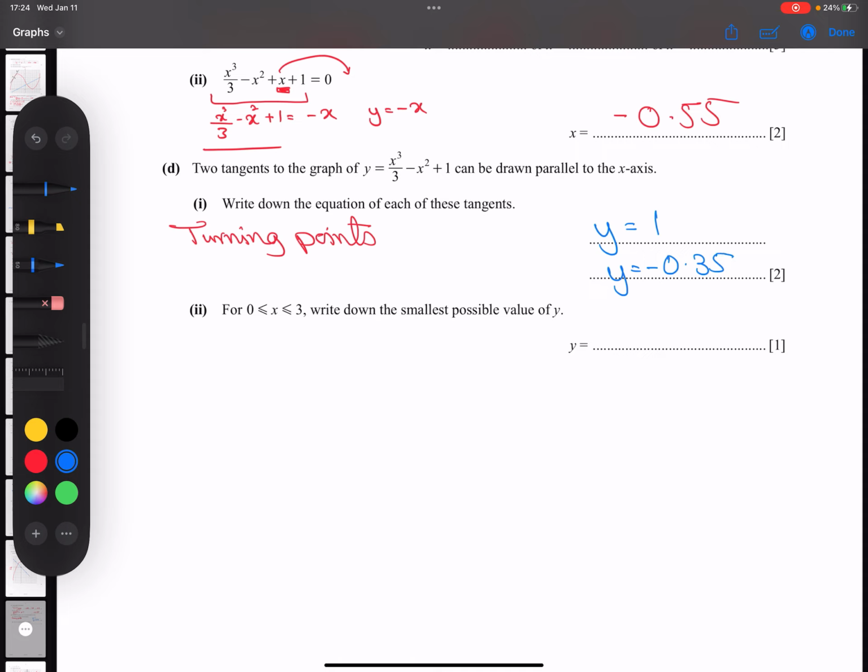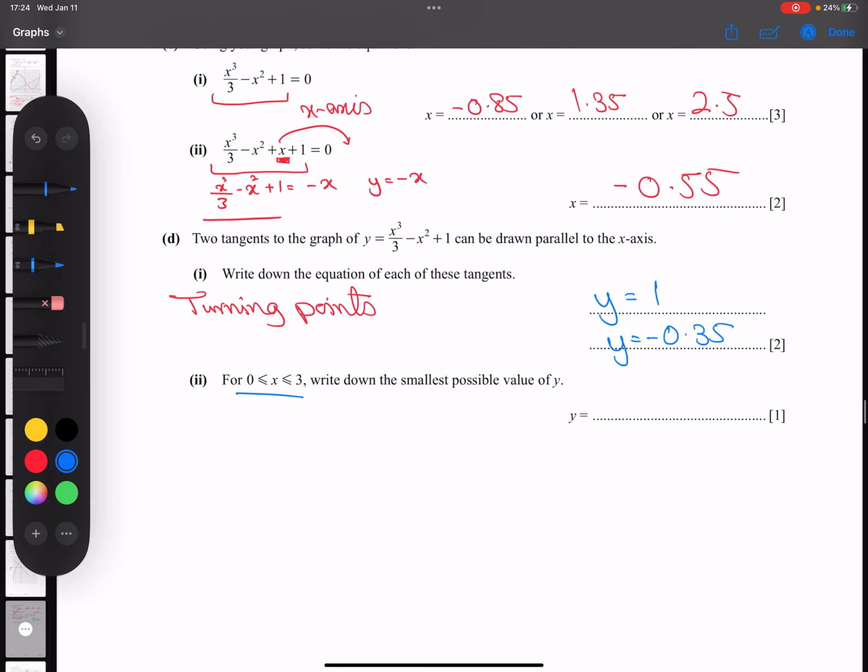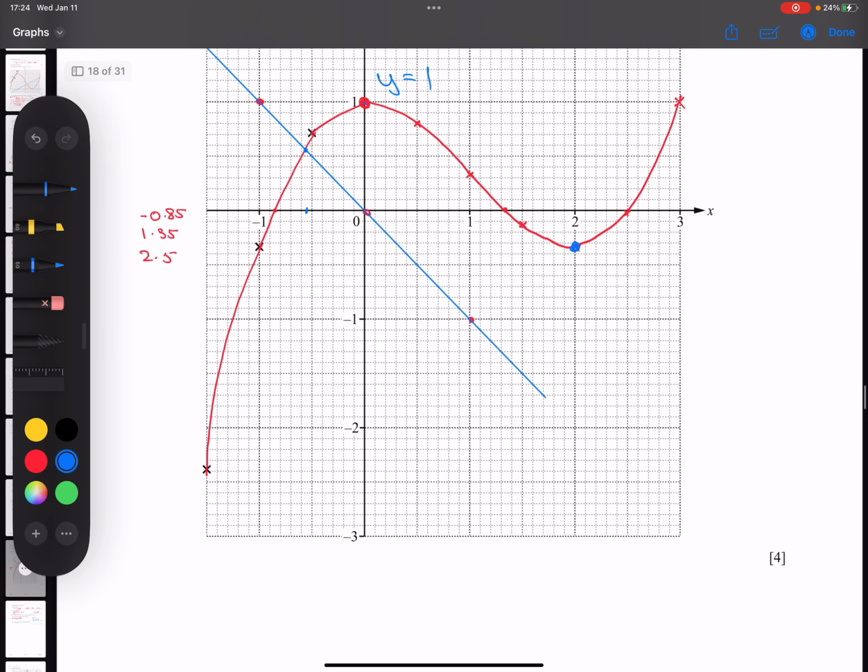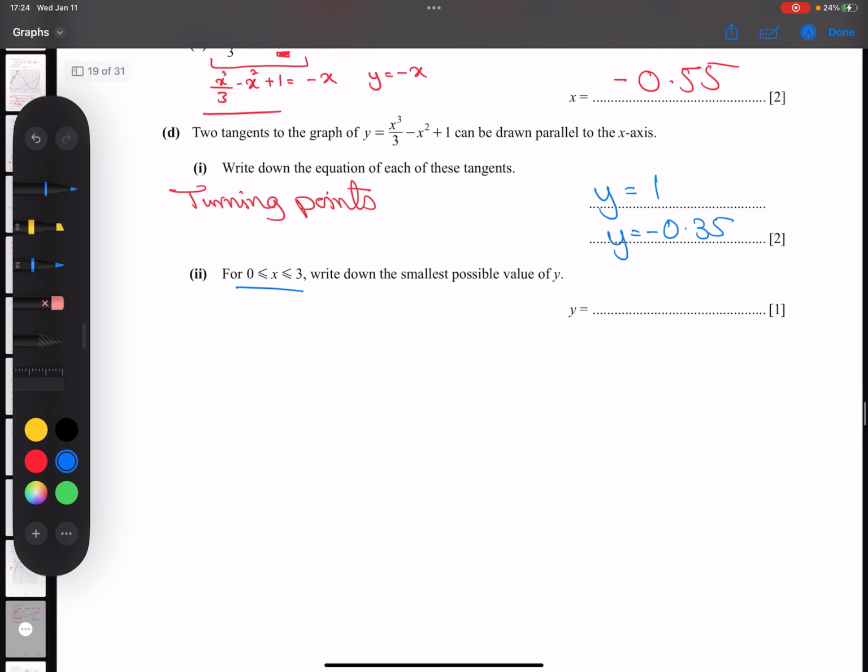From 0 to 3, write down the smallest possible value of y, which is the same answer that we got from here, because the smallest possible value of y from 0 to 3 is this value in blue. That's the smallest value of y, which is again the second tangent, so it's negative 0.35.